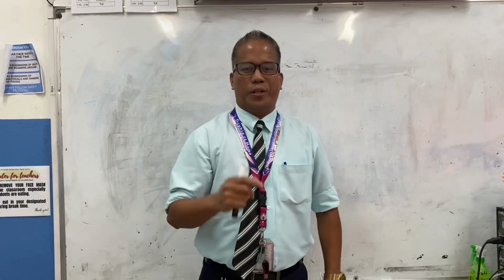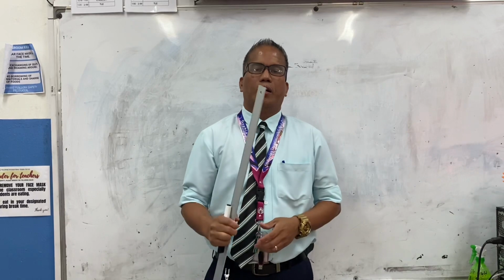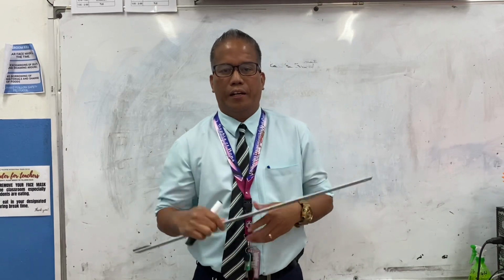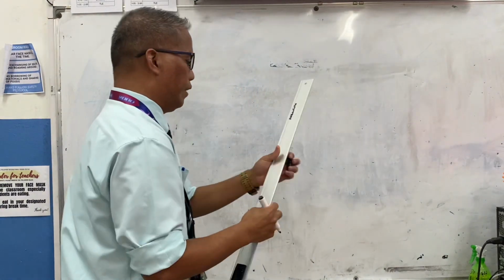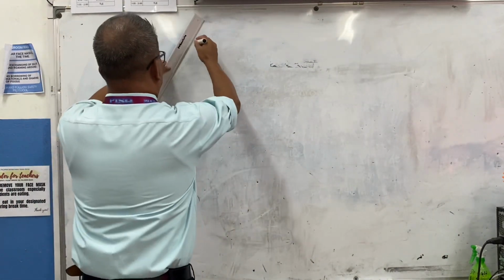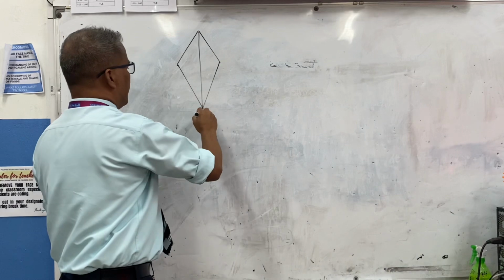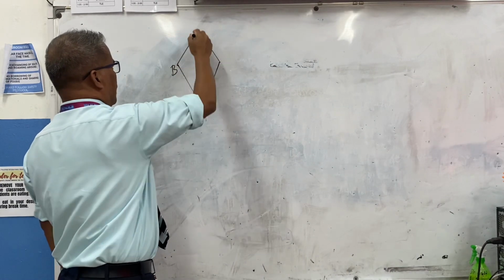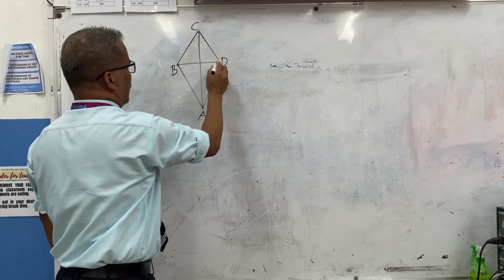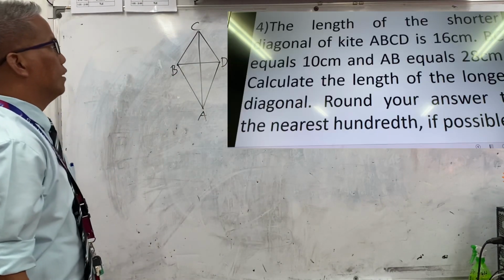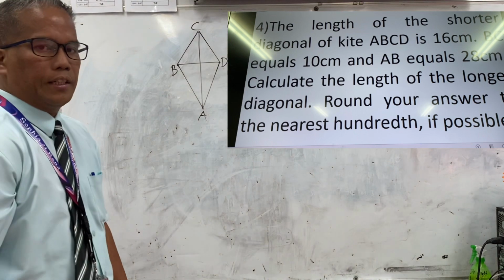To answer question number 4, we will draw first the figure, the kite. Kite A, B, C, D. This is the shorter diagonal, and its length is 16 cm.